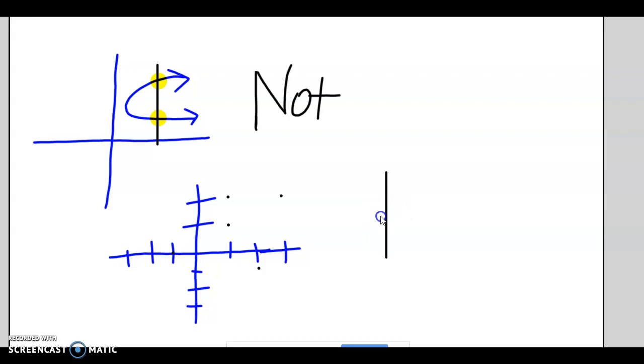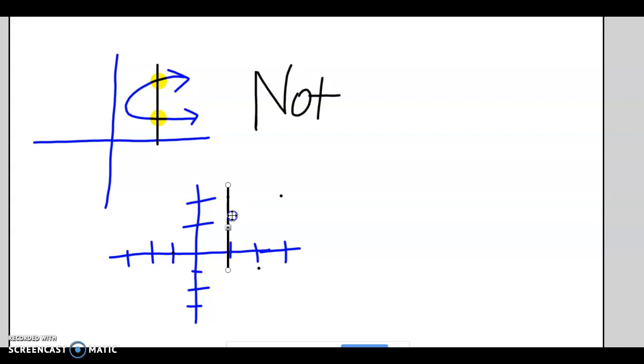It passes? Okay, so it doesn't, because as we go to this point right here on that vertical line, that's the only point on the vertical line right here. As we move our vertical line, we go to this line and it crosses those 2 points on that same vertical line.